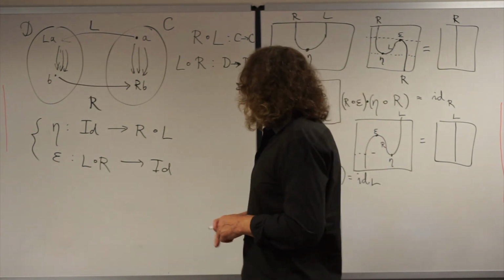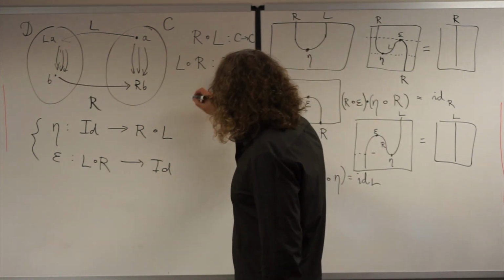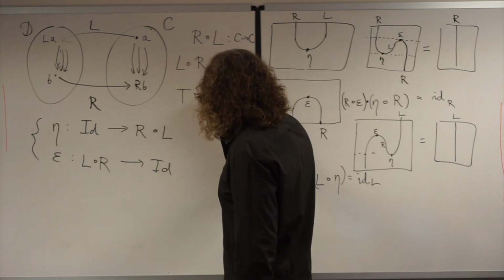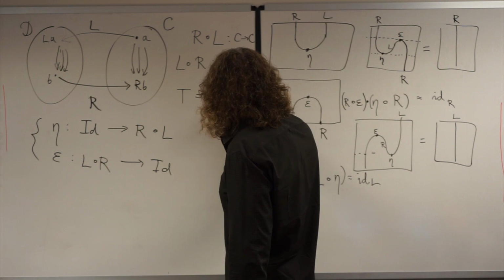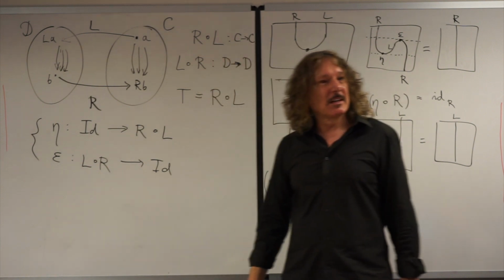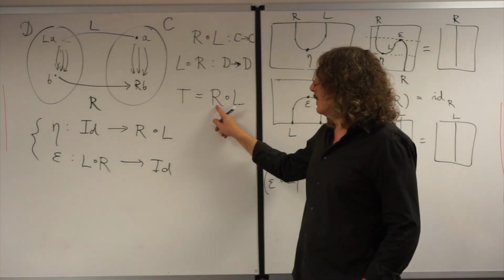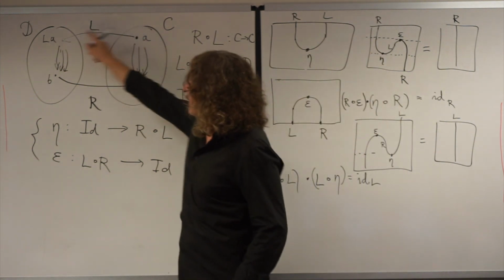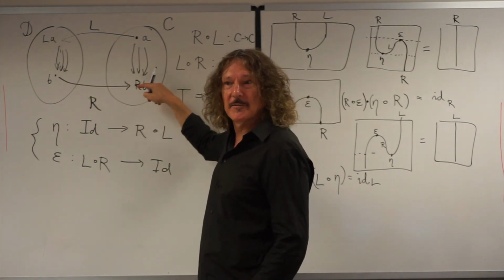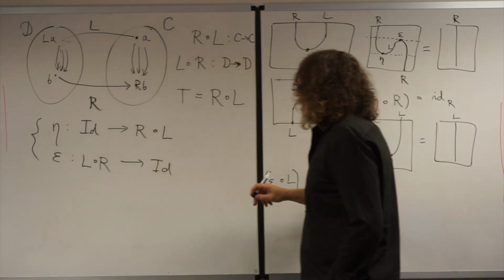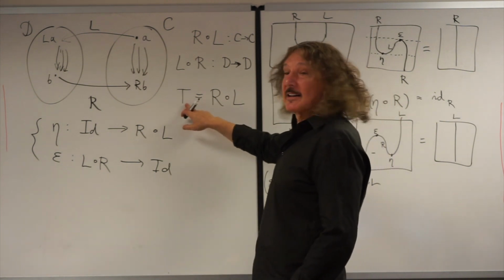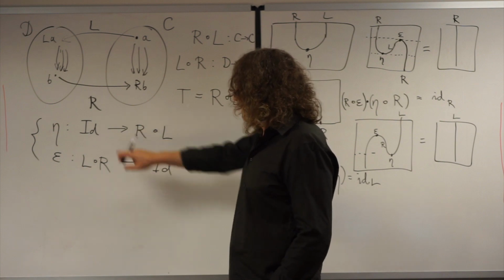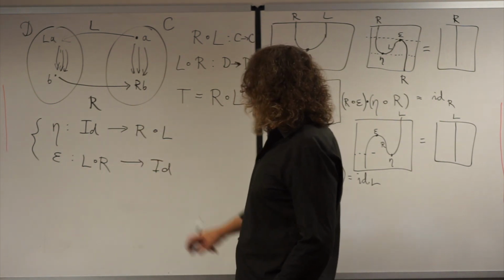So, if we give R after L a name, we say this is T. T equals R after L, okay? This combination of functors, this composition R after L. So R after L goes like this and comes back here, right? This endofunctor T has a unit.